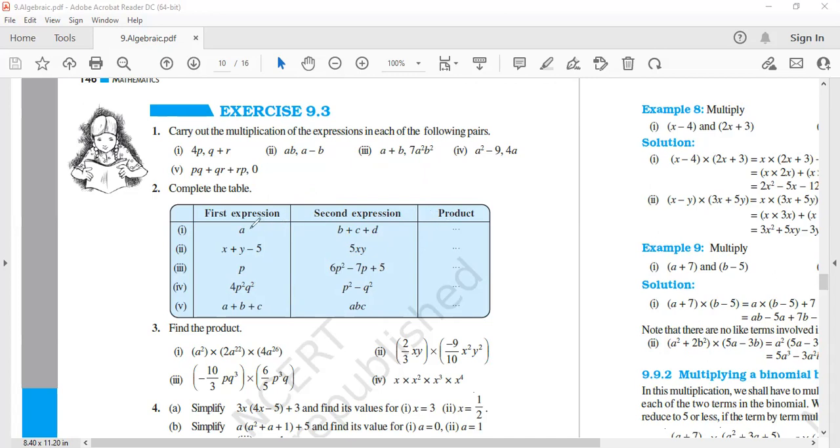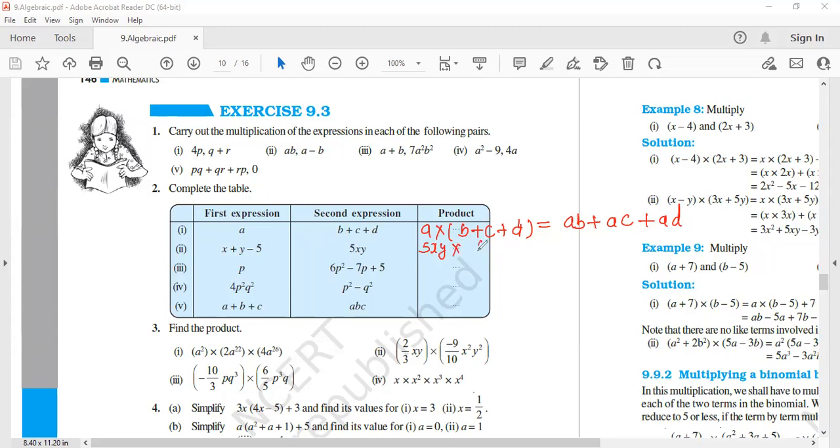That's why we call this monomial by binomial. So let us find the product. A is multiplied with B plus C plus D. So you will simply write AB plus AC plus AD, because this number will multiply all the three numbers, right? So this way you will get the values.